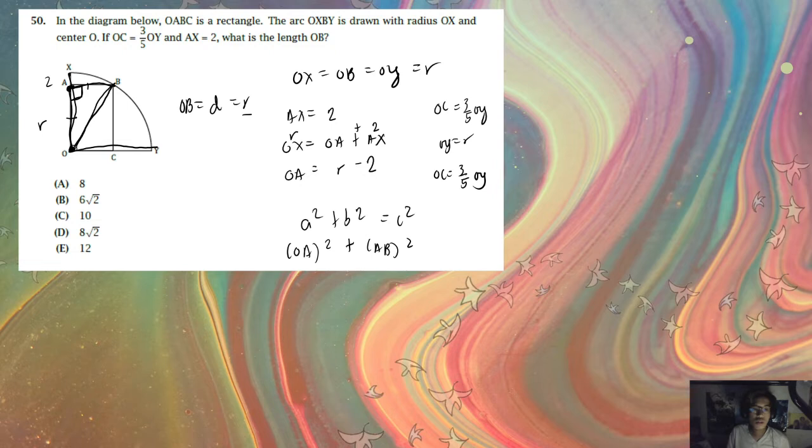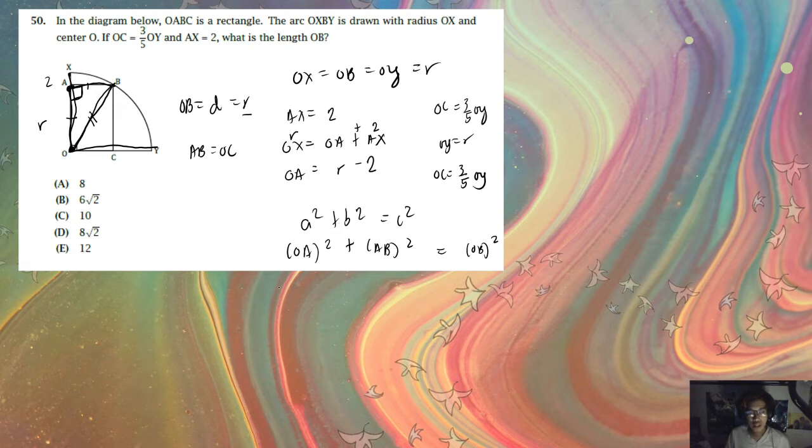And since AB is parallel and congruent to OC, whatever the value of OC is, which is 3/5 of OY, that's also going to be the value of AB. And that's equal to c squared. And c squared is just OB squared. And OB is the radius of the circle.